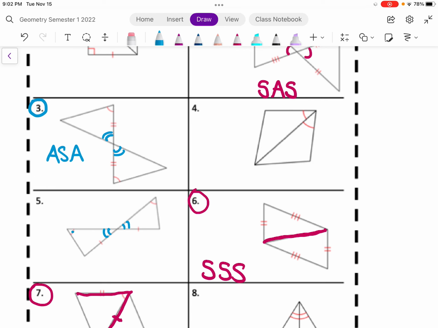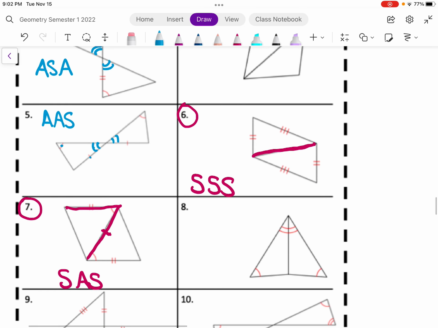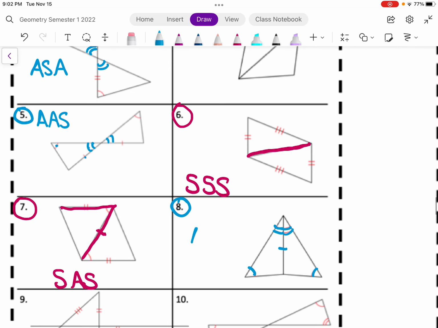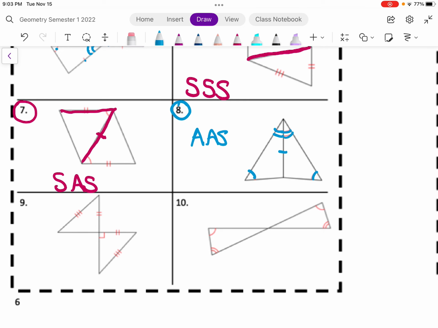So here I would have angle, angle, side. Same idea here. Angle, angle. This is the same side with each other. So angle, angle, side. The more you do of these, the easier they get.